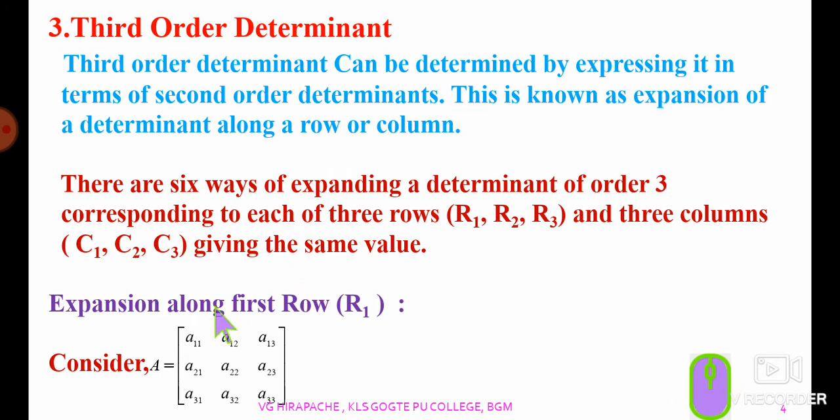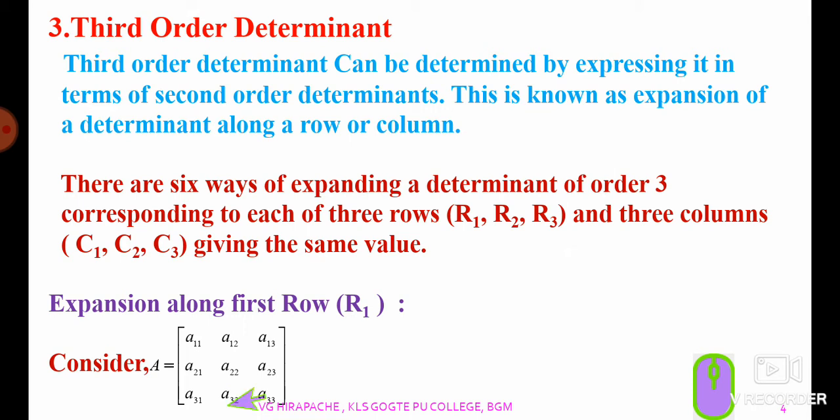Now in this case we are going to see how to expand the third order determinant along the first row. Expansion along the first row R1. Consider the matrix A which contains the elements in the first row A11, A12, A13. Second row elements are A21, A22, A23. Third row elements are A31, A32, A33.